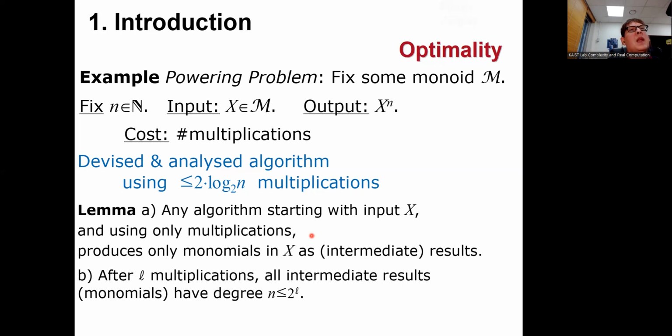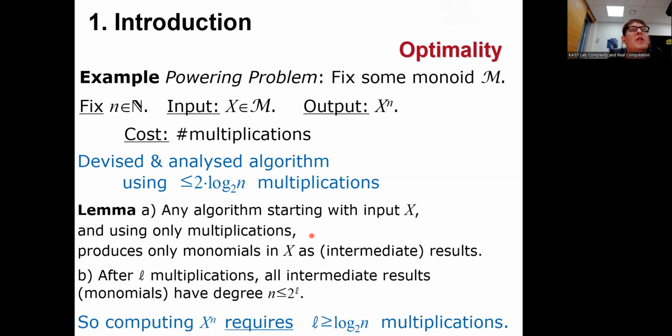The induction start is obvious. Given the induction hypothesis, in the induction step the algorithm will take two intermediate results having degree at most 2 to the L each, and multiplying them will result in a possibly new intermediate result of degree at most 2 to the L plus 1. That's the induction step.